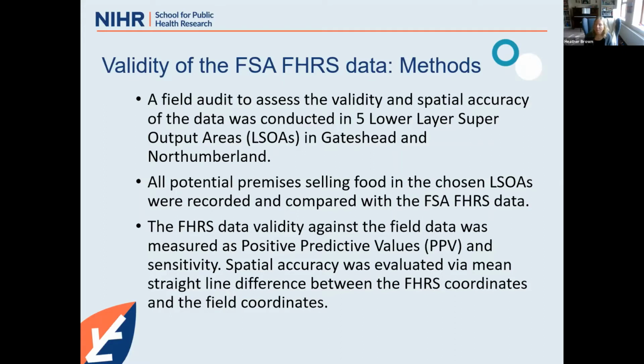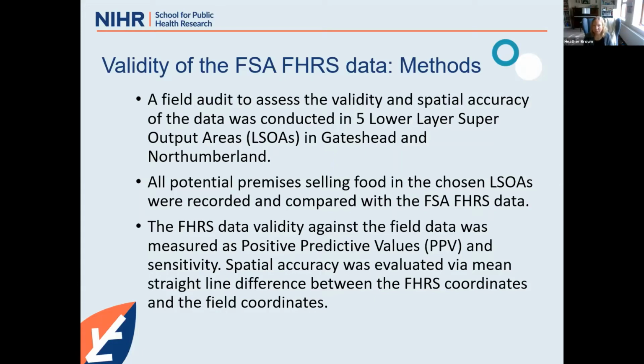We looked at a few in Gateshead and in Northumberland, and we looked at both urban and rural areas. We also looked at those areas that were more deprived and less deprived based upon the index of multiple deprivation, and rural areas are based upon the rural classification code.